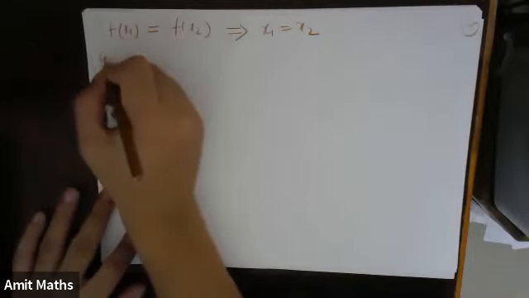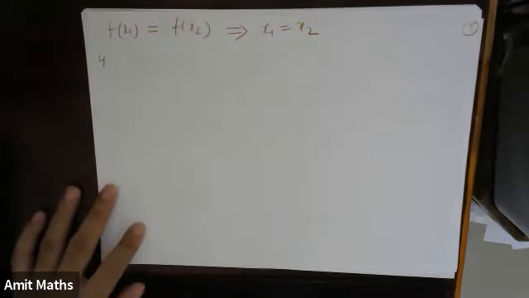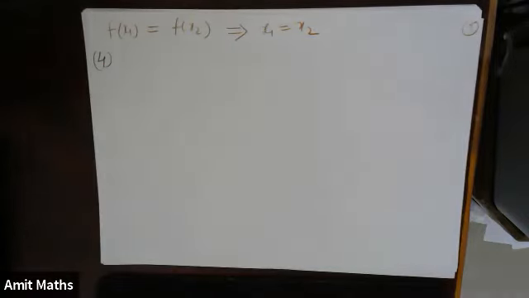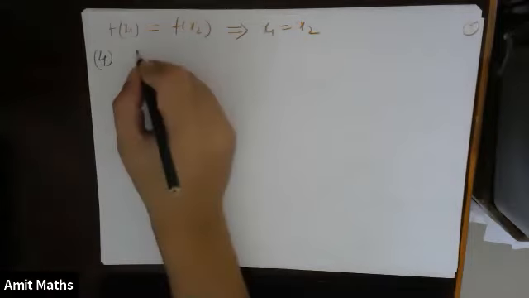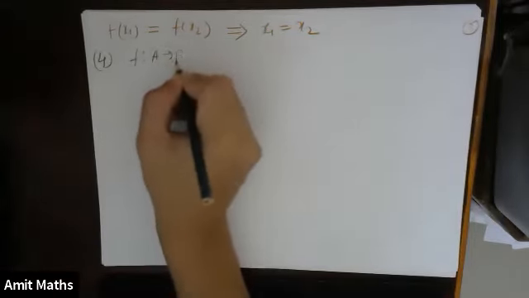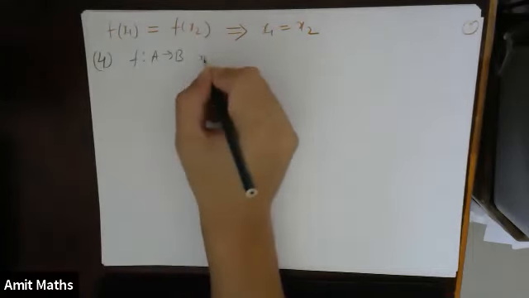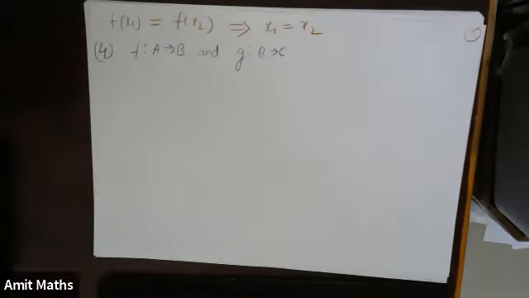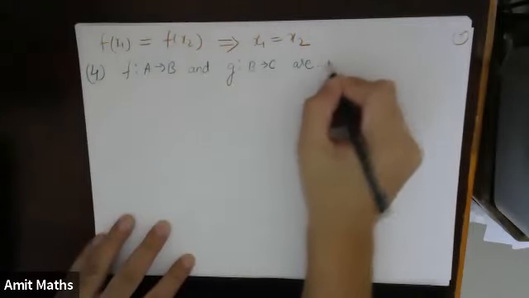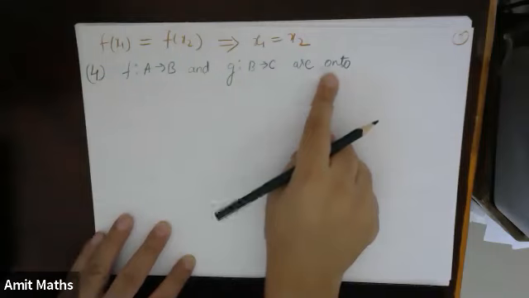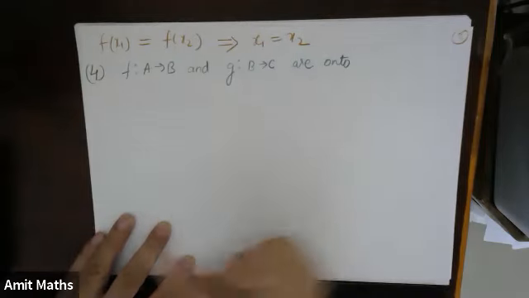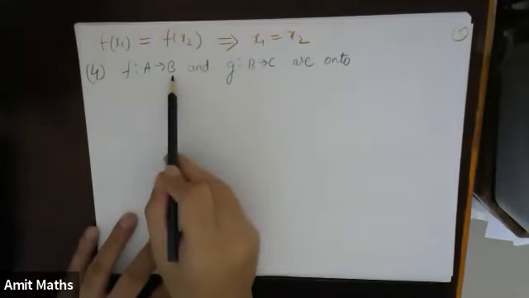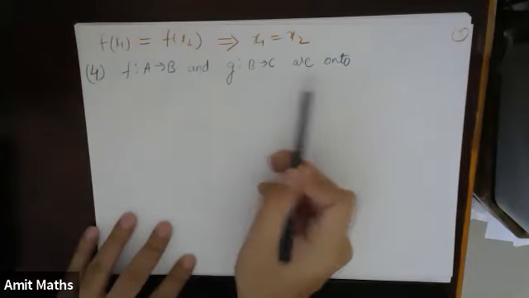So the fourth property is that if f is from A to B, and g is from B to C, are both onto.